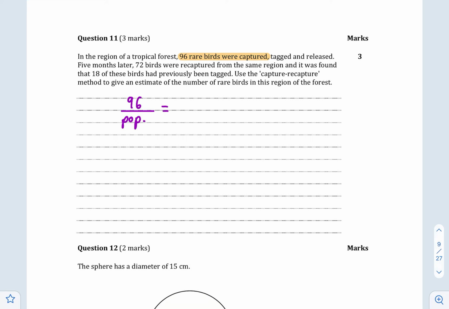And we need to make that equal to, if we look here, 5 months later, 72 birds were recaptured, 18 were tagged. So that means I've got 18 out of 72 which are tagged. On this top line here, these are all the tagged birds. This is the total number of birds.